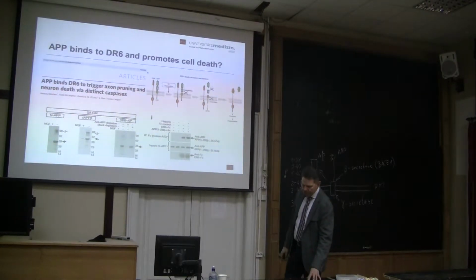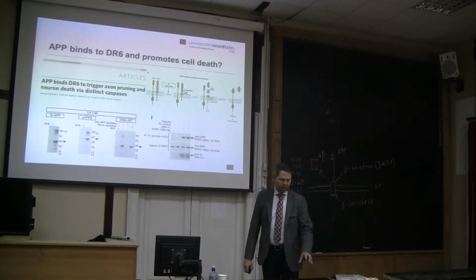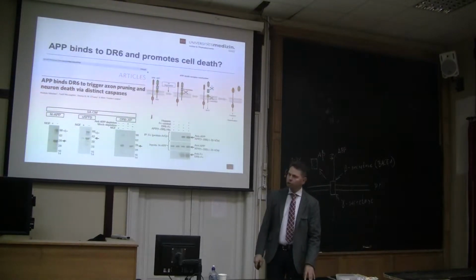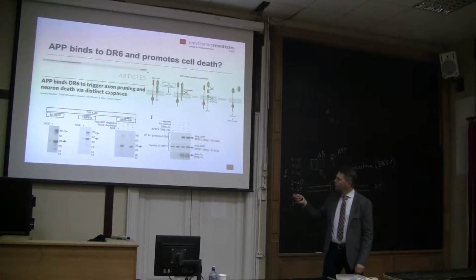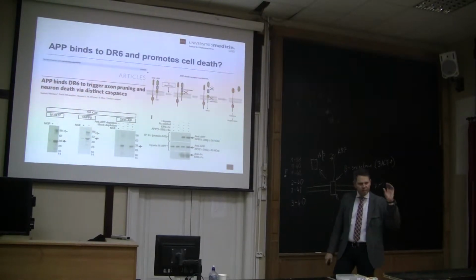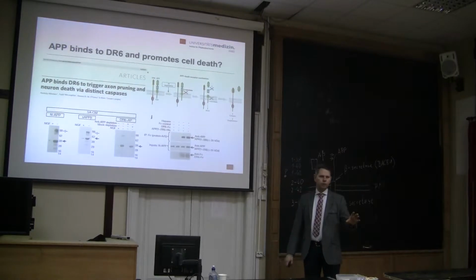Then we thought, okay, maybe we still have something in our hand that might be worth a nice publication. Because a couple of years ago, the group from Marc Tessier-Lavigne published in Nature that APP has a completely different function in regards to Alzheimer's disease.